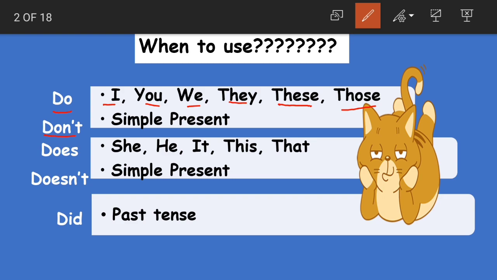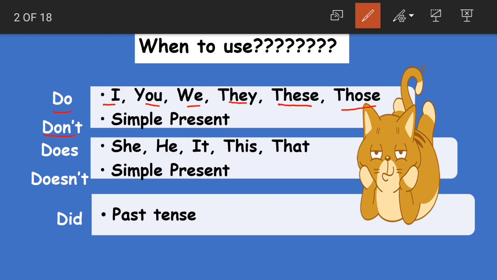The sentence should be in simple present, that is present tense. We are talking about the right now condition or situation, which is going on now. So that is simple present.